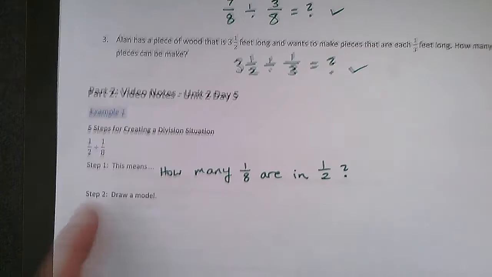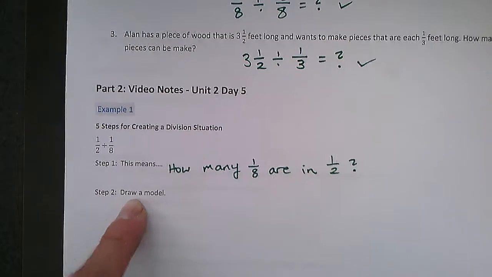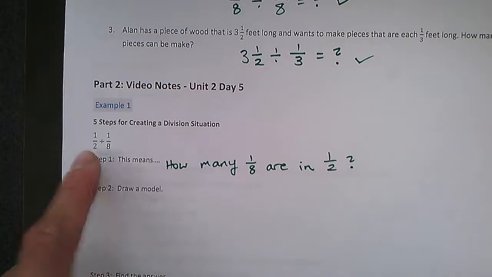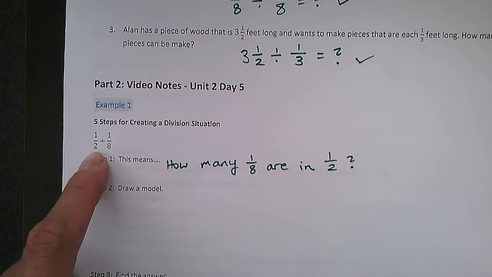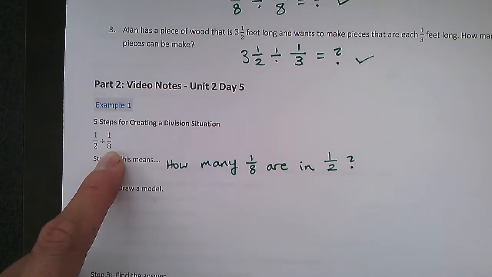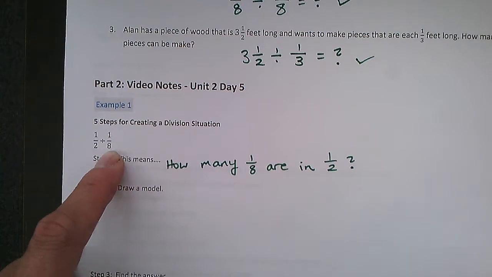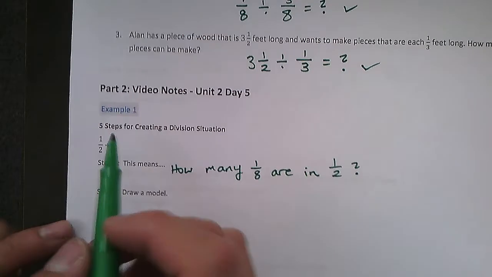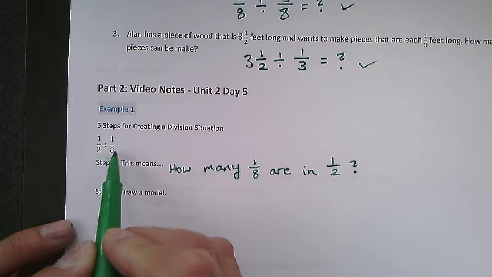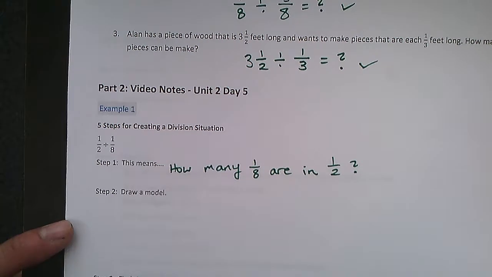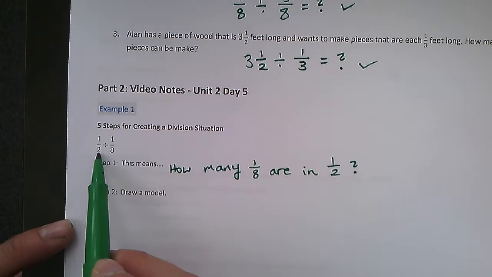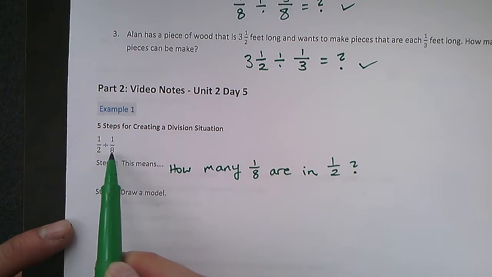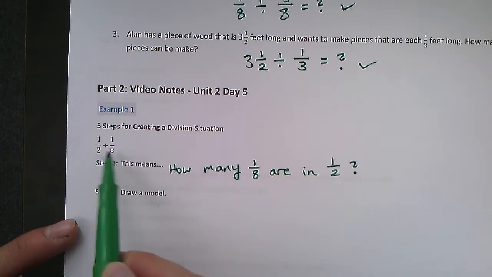And then step 2 is to draw a model. But before I just jump into draw a model, I want to check my denominators. I'm dividing 1/2 by 1/8. And it's harder to draw a model when you have different denominators, so the first thing I want to do is change one or both of these denominators so that they're the same. So my denominator here is 2, my denominator over here is 8. I first check, can I multiply one of these numbers to get to the other?